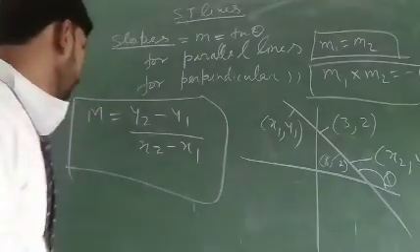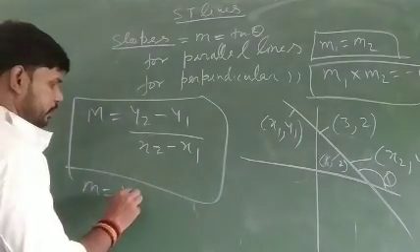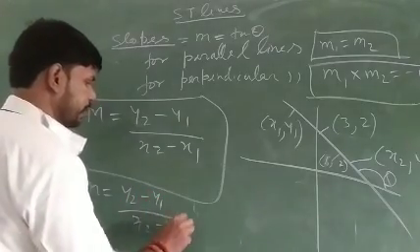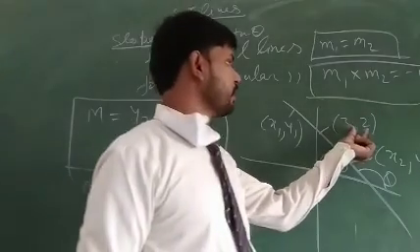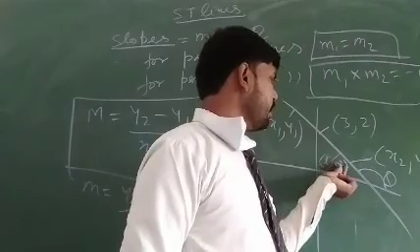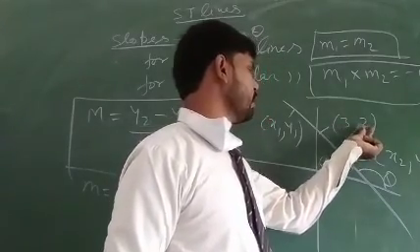So how will we go? We will find m equals to y2 minus y1 upon x2 minus x1. We take x1 y1 as this one and x2 y2 as this one.